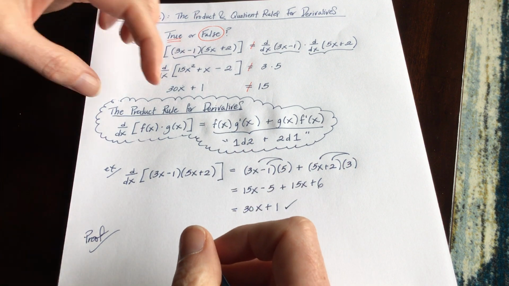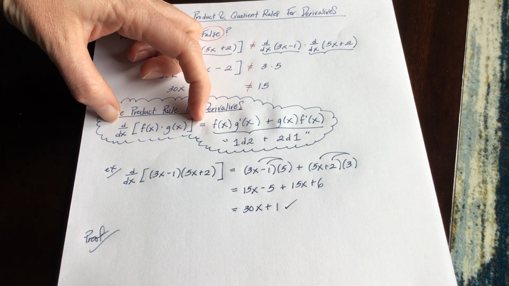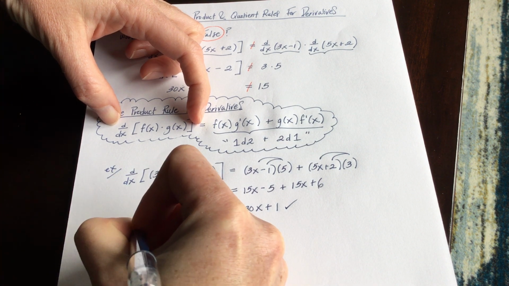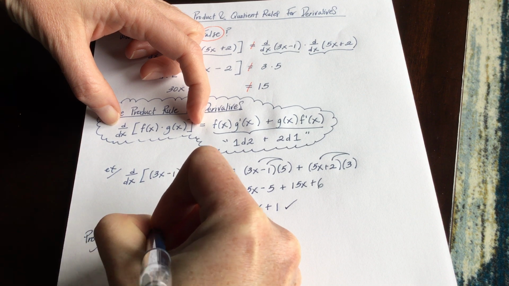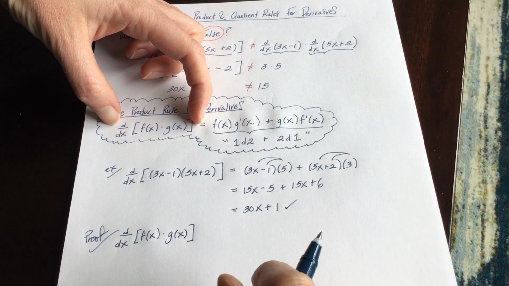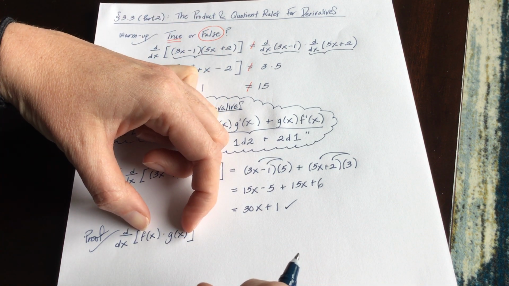So I'm going to start with, this is kind of a verify-the-identity style proof that you've seen me do in the past. I'm going to start with a prompt of d/dx of f(x) times g(x). And we are going to fall back on the definition of derivative, where this is the function you're taking the derivative of.